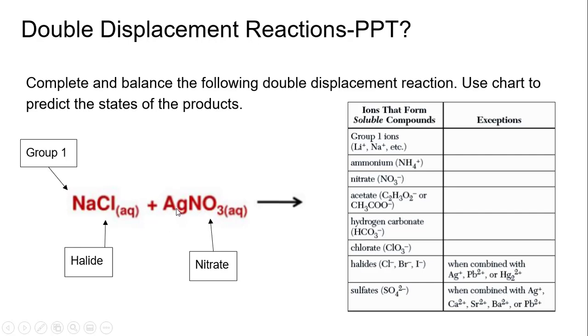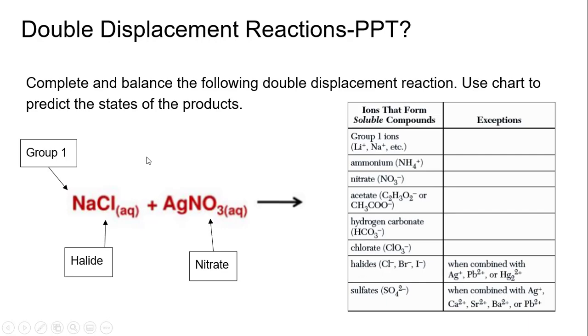So now we go to silver nitrate. Nitrates are listed here. There are no exceptions for the soluble, which is listed here. So whatever it's attached to is also going to be in ionic form. No solid's going to be formed. However, what you see here is that sodium and nitrate are going to join, and the two inside are going to join. So silver chloride. So we look back down to the halides. Silver is an exception.